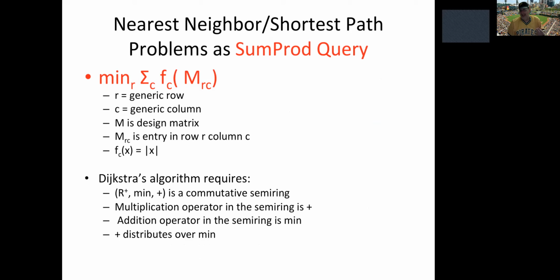What is the underlying fact about these arithmetic operations that makes Dijkstra's work? Well, you really use the fact that min-plus is a commutative semiring, where plus is the multiplication operator and the addition operator is min. In particular, plus distributes over min, and that's really what you use.